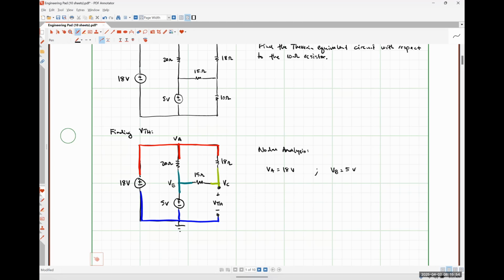So KCL at C is going to look something like VC minus VA over 18 ohms plus VC minus VB over 15 ohms is equal to 0.